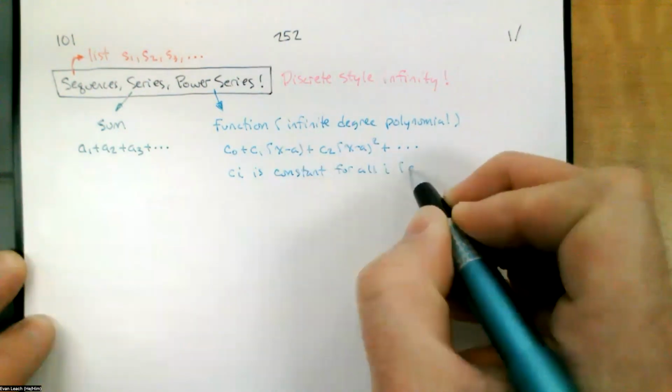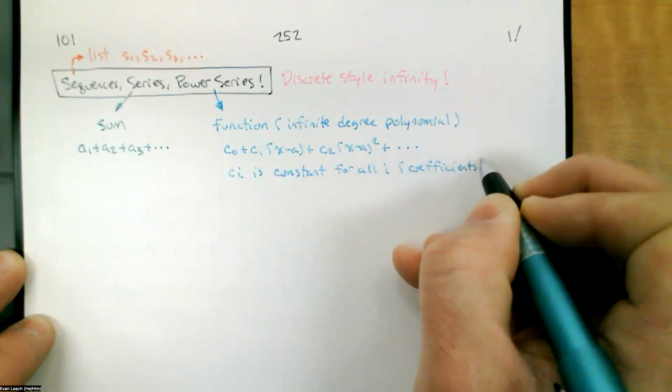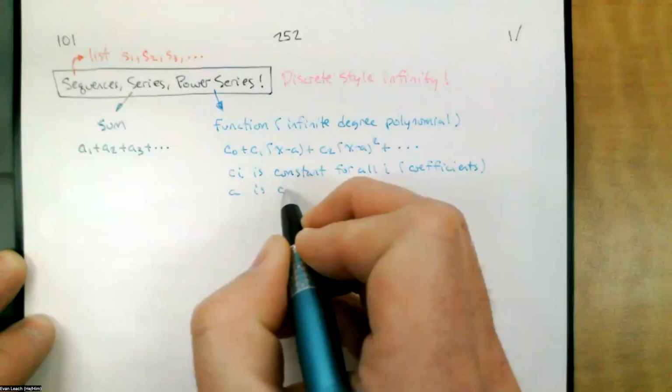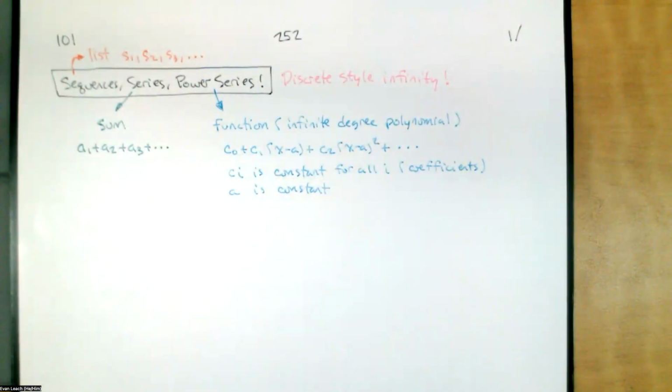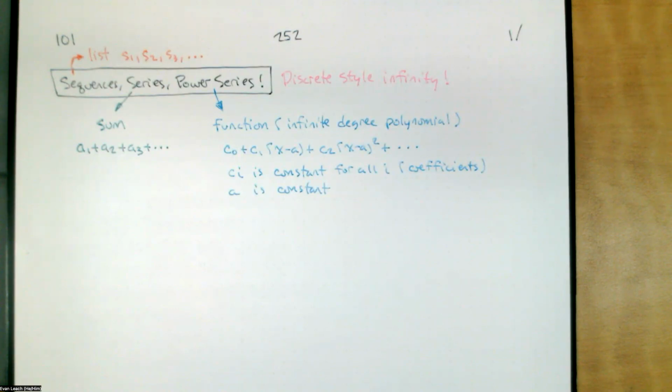These are the coefficients. And a is also constant. Note that we've got only one a. It's not a_i for all i, it's just one a that's constant. So all those terms have to have the same form: some integer power of x minus a. I will usually refer to a as the center of the series.